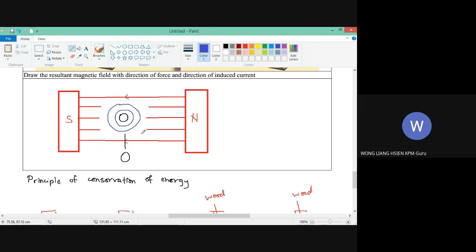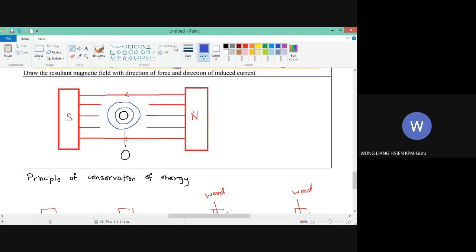Okay. And then you see here, just now we said that when we push the conductor in, we feel an opposing force, right? This opposing force must have come from the resultant magnetic field, between the magnetic field that is produced by the current combined with the magnetic field from the permanent magnet.